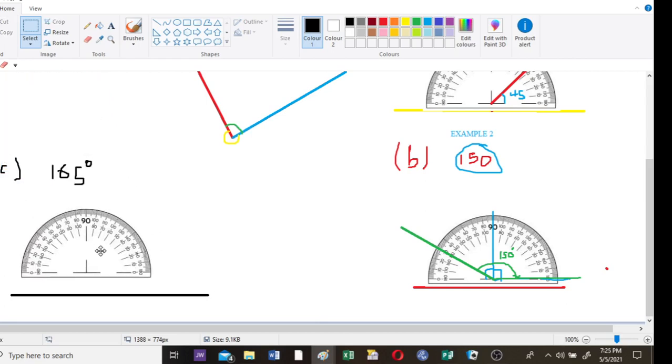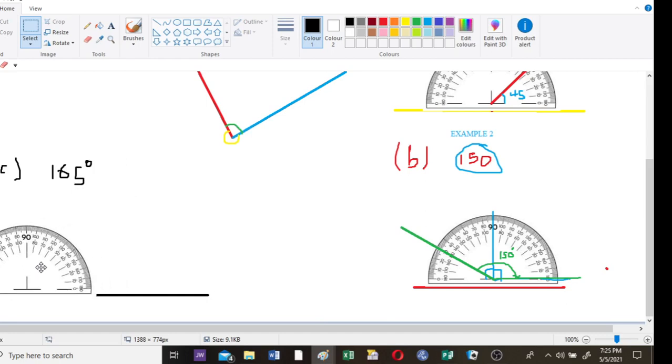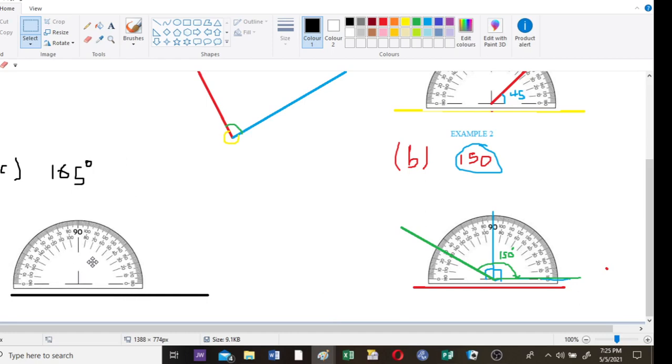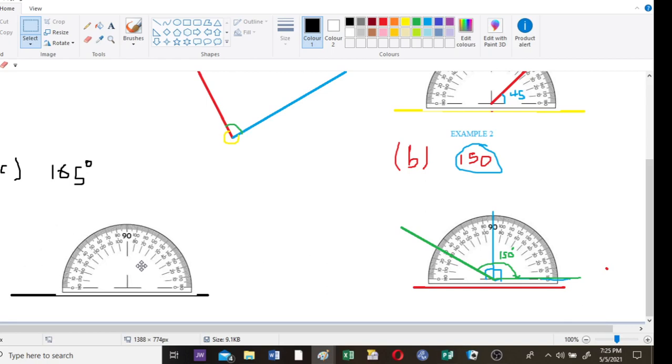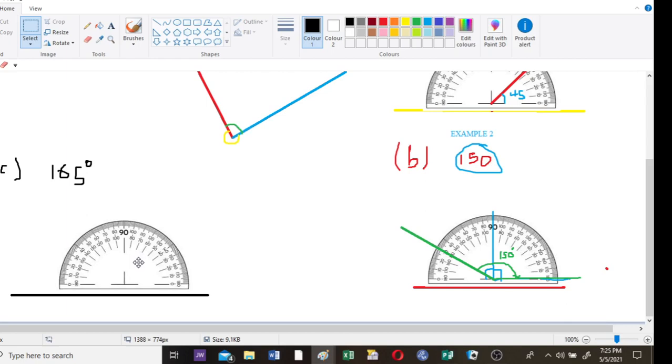So this time we want to do it from here at the end. Now doing it at the end will not be okay. Let's put it here. So we're measuring an angle of 165. Let's put it there, and then we use the same procedure.